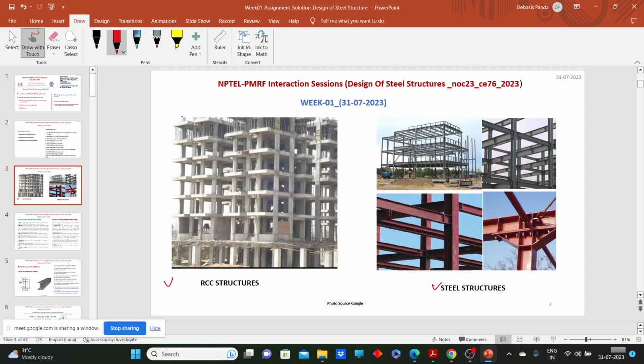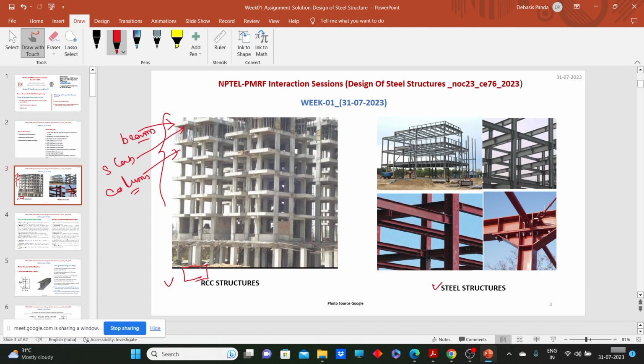To construct this RCC structure, as a structural engineer, what do we need to do? First, we need to design all the elements. Elements means the beams, the slab behind it, the columns, and the foundation below the ground.